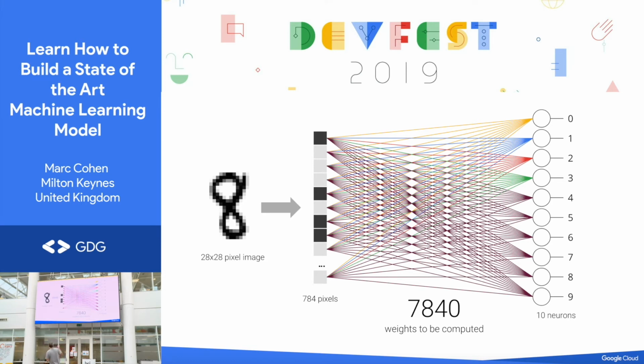Now you can imagine the output node that's responsible for finding ones is very interested in the middle region of the image, right? It doesn't care that much about stuff in the corner, because typically ones are somewhere central. So what it wants to do is put emphasis on the areas of the image that tend to convey a 1. Well, how do we do that?